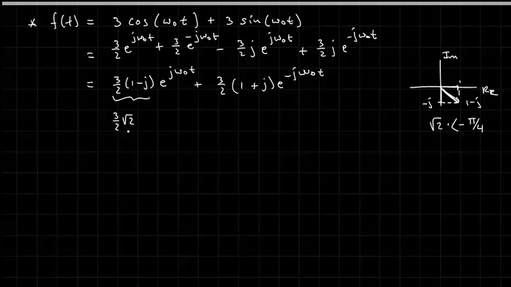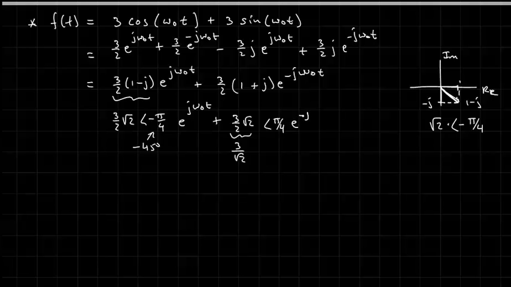So let's go ahead and write that here. This would be square root of 2 with an angle of minus pi over 4, which is minus 45 degrees, times e to the j omega naught t, plus 3 halves times root 2, which incidentally is 3 over root 2 alternatively, with an angle of plus pi over 4, or 45 degrees, e to the minus j omega naught t.